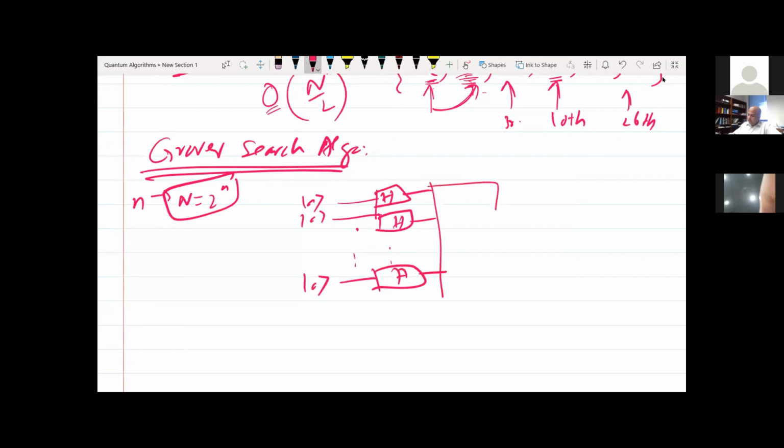And then you perform a unitary operation, which is usually called the oracle, because this is an operation which has access to your database, and it's able to recognize the solution. When you index your solution, you give the index of your solution here.